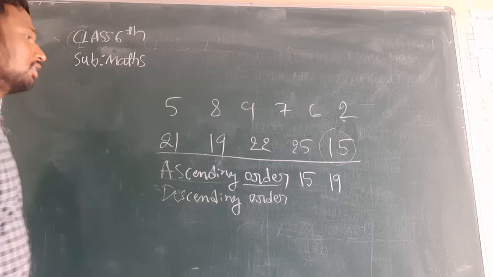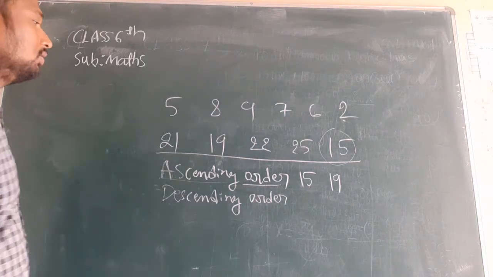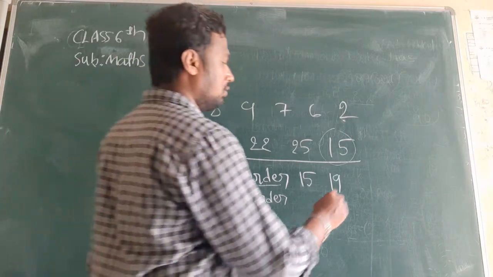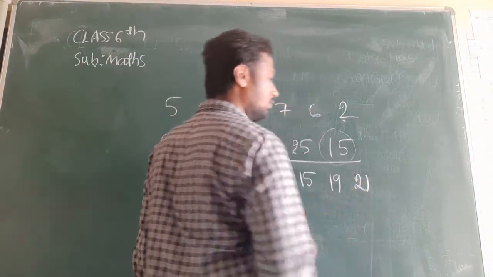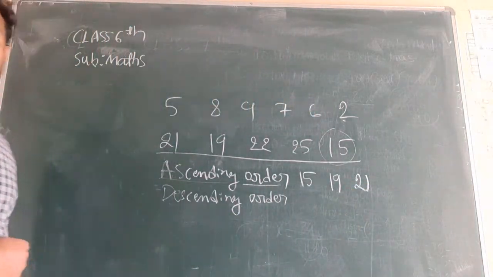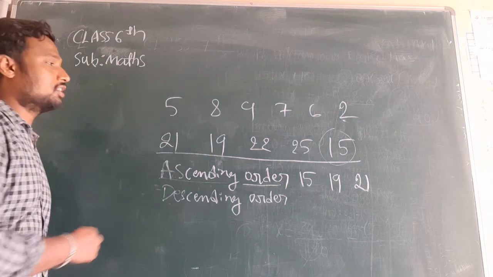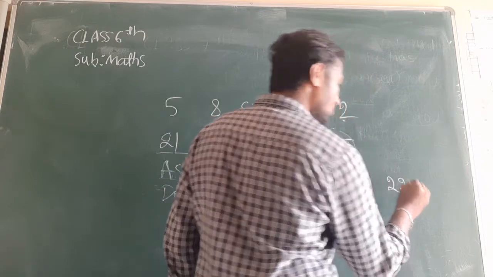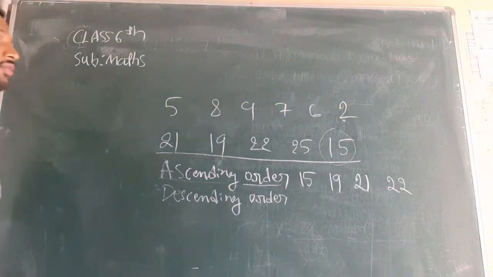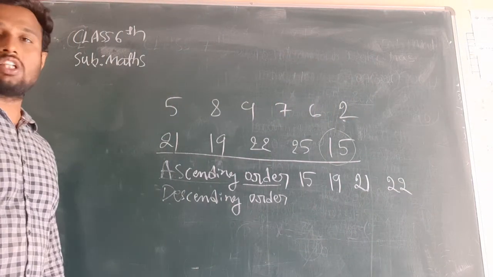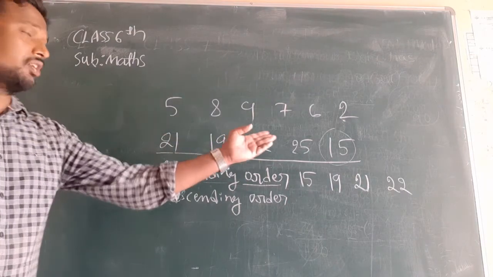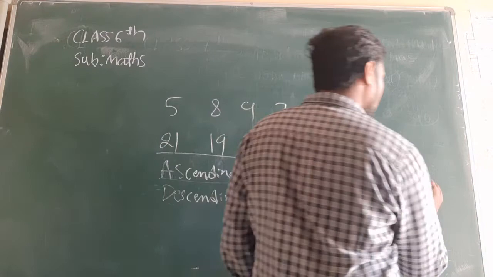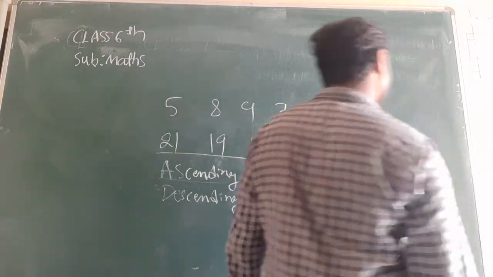After 19, the smallest value is 21, so I will write 21. After 21, the smallest is 22. After 22, the greatest number of all is 25, so I will write 25.